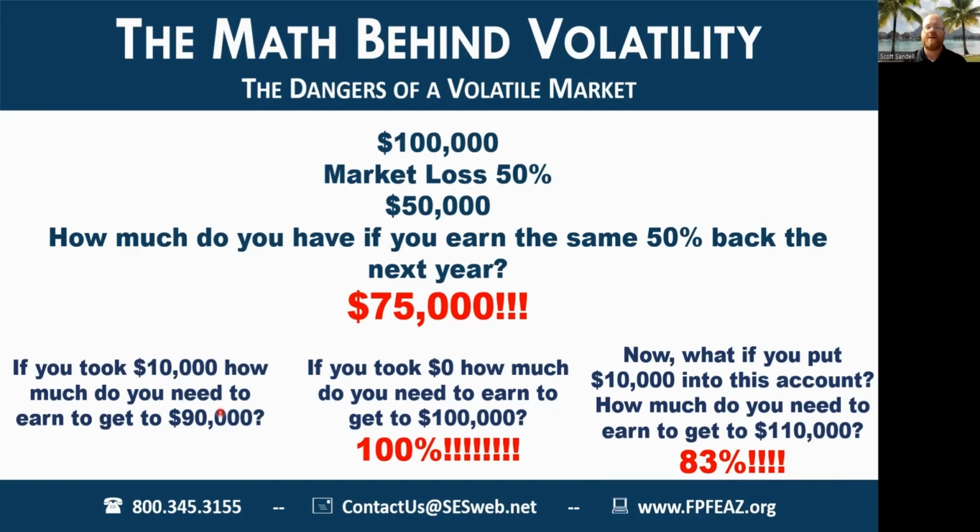Okay, so now we have to go from 40,000 to 90,000 just to break even. Not make back the 10,000 we're spending, just to break even with the money that we put in. Okay, 40,000 to 90,000. We now have to earn 125%. We just dug ourselves into a pretty deep hole.